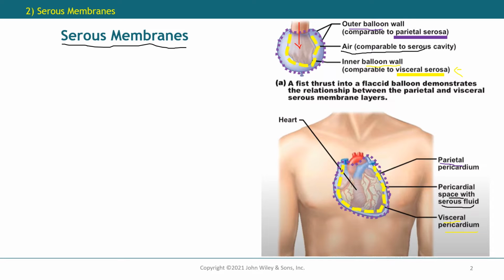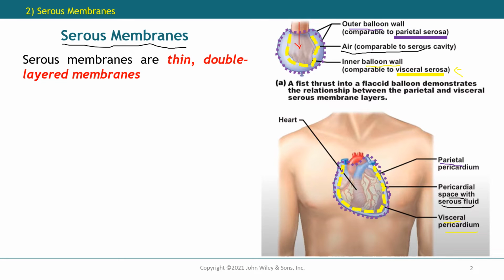Okay, so now let's recap all the things that I told you. Let me delete this for a second, and now let's continue. I just told you that serous membranes are thin, double-layer membranes. I explained the heart and also the balloon, and in those cases, you saw that there is a purple and yellow membrane.